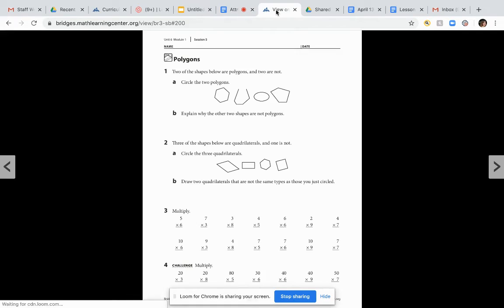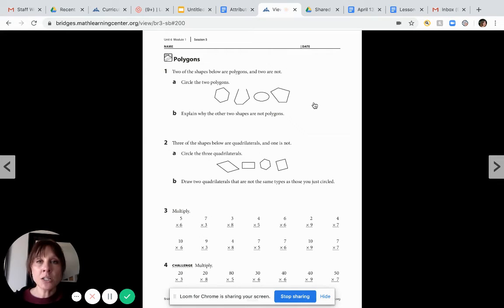The focus of your assignment today is page 194 in your Bridges Student Workbook, edition number 2. I believe your classroom teachers had you take that workbook home. If you did not, I have a link on the third grade website that you can use to print the worksheet at home if you are able.